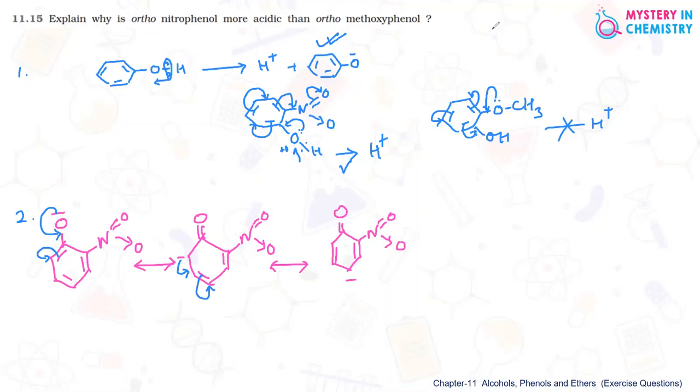Now for the fourth structure, again electrons are moving to form a bond between these two carbon atoms, and this bond is also shifted in between carbon and nitrogen, and this bond will not be here and it is forming a charge over here. So this is how you can see how the nitro group is helping in further delocalization.